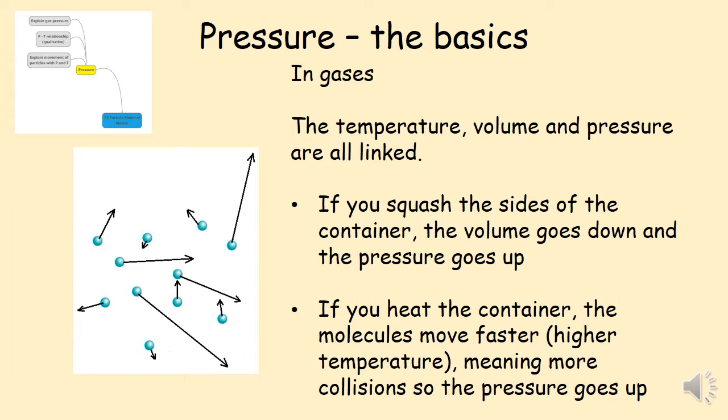And if you heat the container, the molecules move faster, giving us a higher temperature, meaning more collisions with the side, so the pressure goes up. So from this you can see that we can make the pressure go up by making the volume go down, or by making the temperature go up.